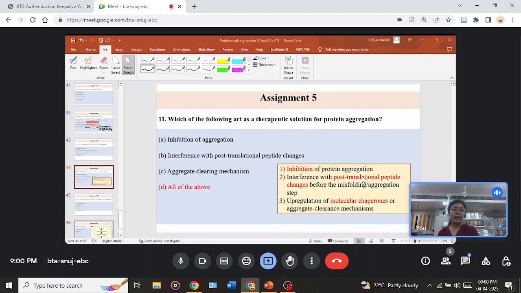Any aggregate or misfolded protein structure which has been formed can be converted back to the native state by upregulating these molecular chaperones. And lastly, we have the aggregate clearing mechanism. Various aggregate clearing mechanisms are involved, wherein you can clear the aggregate that is formed. So the correct answer was option D, that is all of the above.